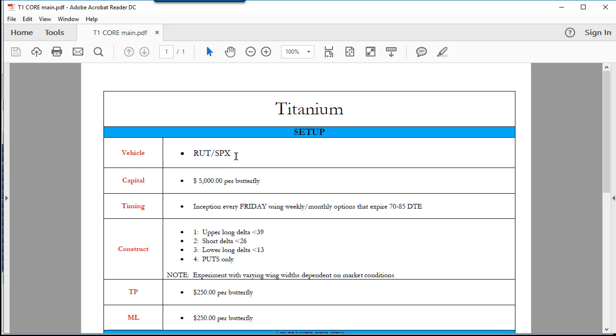It will help you begin creating and trading a method that gives you the highest probability of capturing profits.